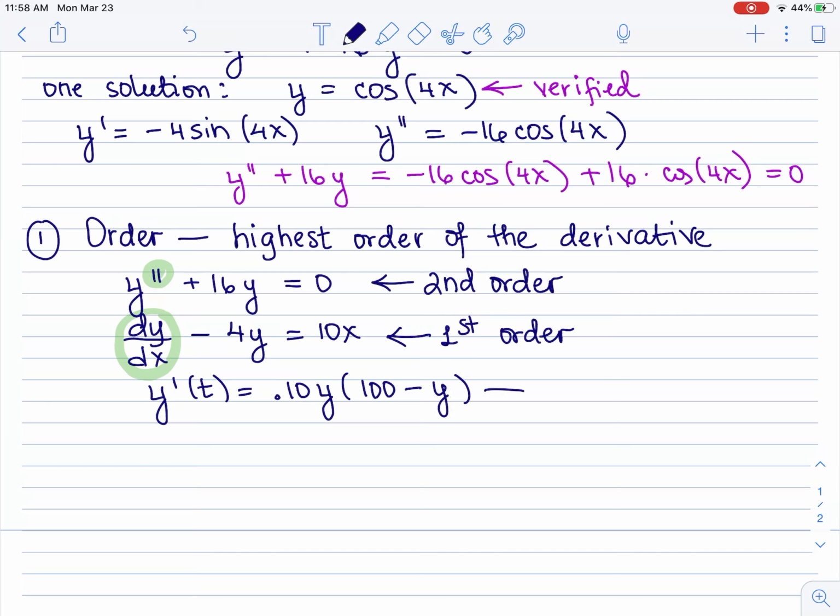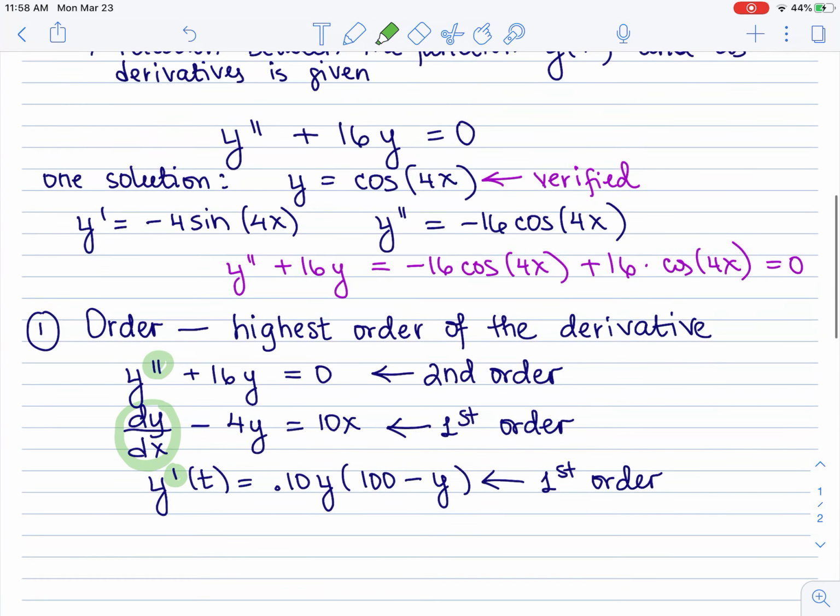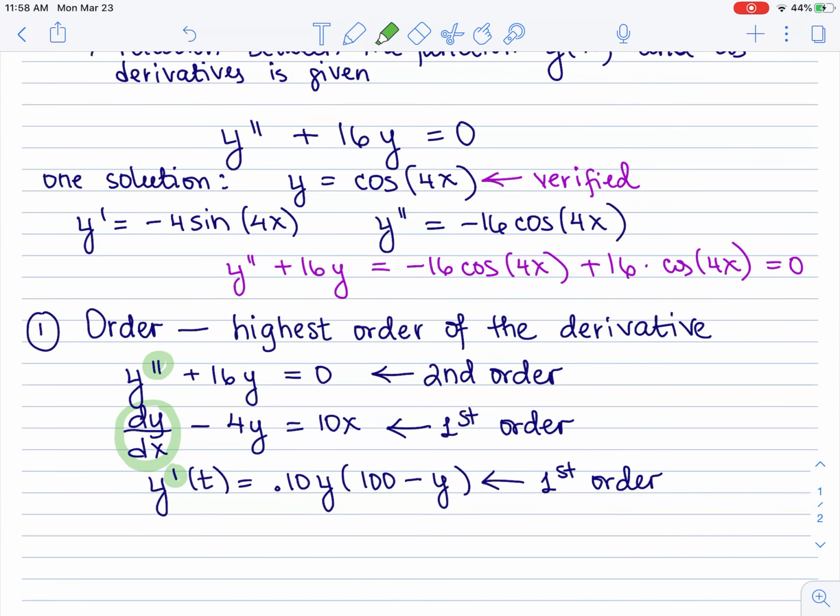This is also first order. How so? First derivative is the highest derivative here, right? So this is the first term that we need to keep in mind, determining the order of the differential equation that's given to you.